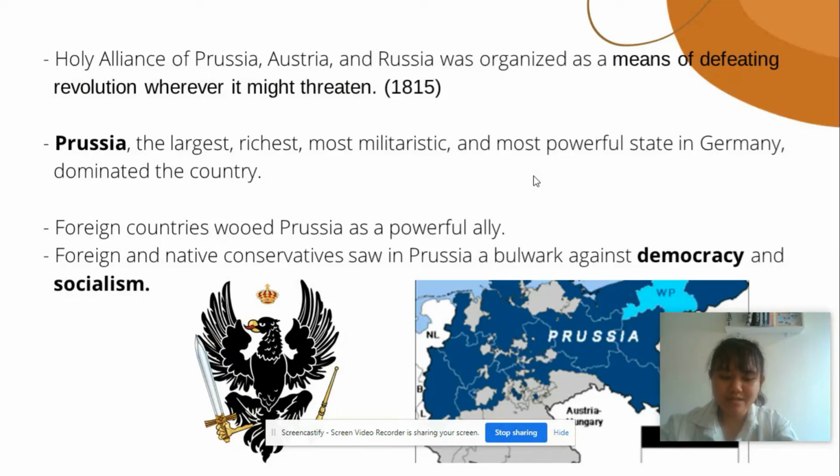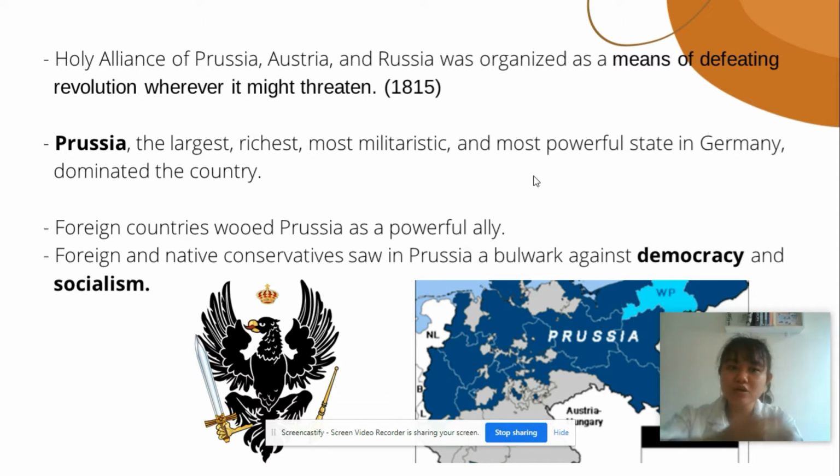In 1815, the Holy Alliance of Prussia, Austria, and Russia was organized as a means of defeating revolution wherever it might be threatened. Now we talk about Prussia, which was the largest, richest, most militaristic and most powerful state in Germany, and it also dominated the country.